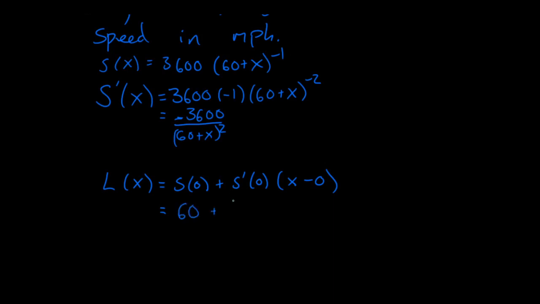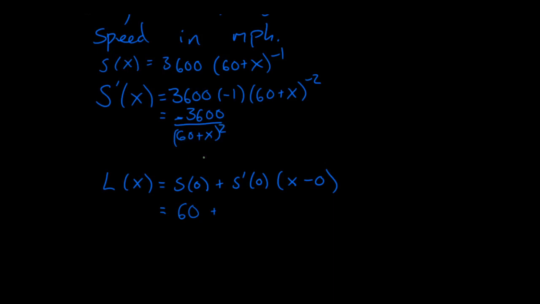All right, S prime of 0. So if I go on through and I plug it in, what I will find is that I'll get minus 3,600 over 60 squared.